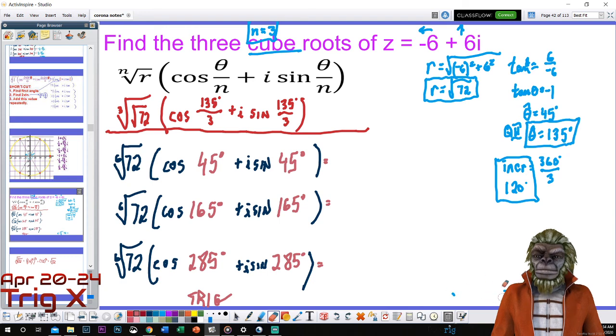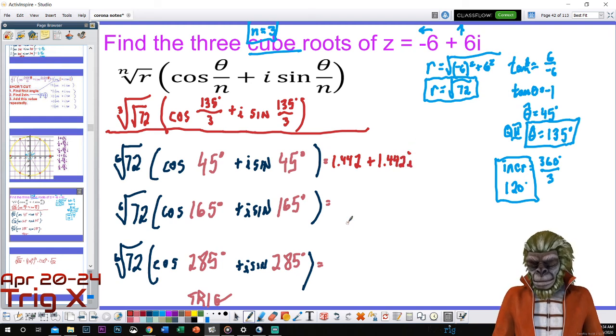All right, so let's get rid of that. Okay, so on my calculator, I'm multiplying again, 6th root of 72 times cosine of 45. My calculator gave me 1.442. I did the same thing with sine. That also gave me 1.442. Don't forget your i for the second value.